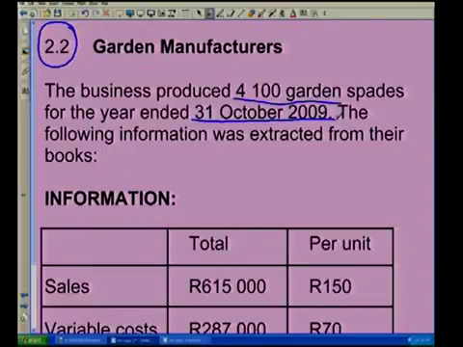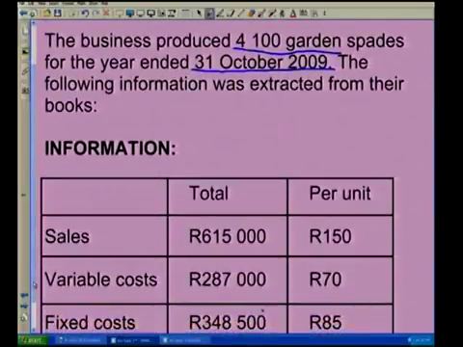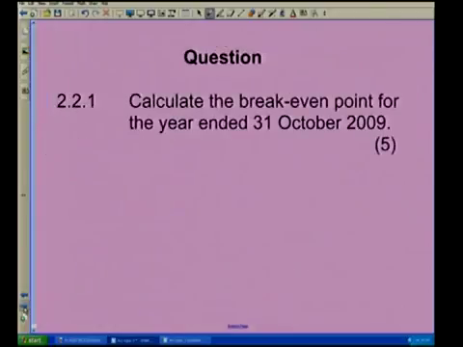Let's look at the question. The business produced 4,100 garden spades for the year ended the 31st of October. The following information was extracted from their books. They give you information regarding the sales, the total sales, the variable costs, the fixed cost, and they also give you the per unit costs for your sales, your variable cost, and your fixed cost.